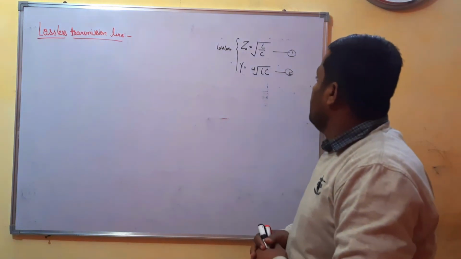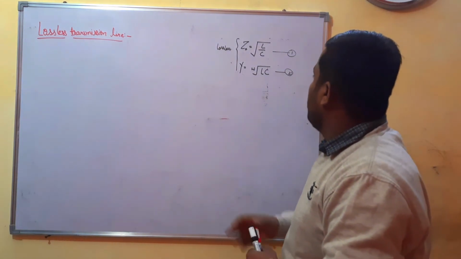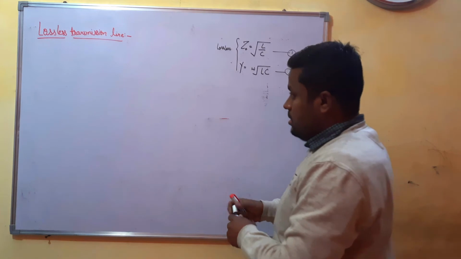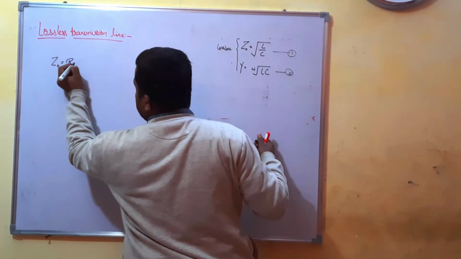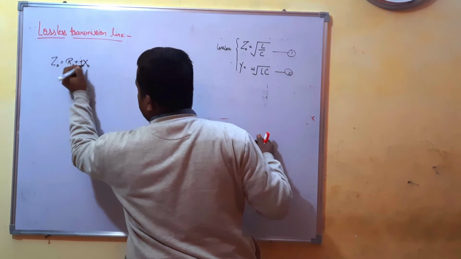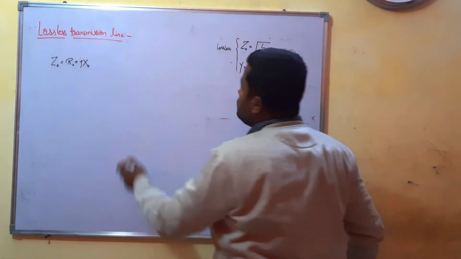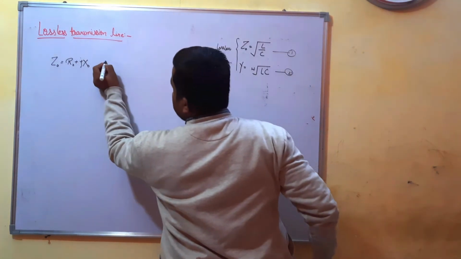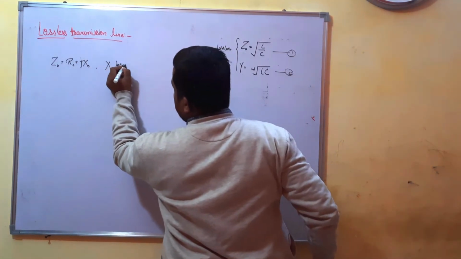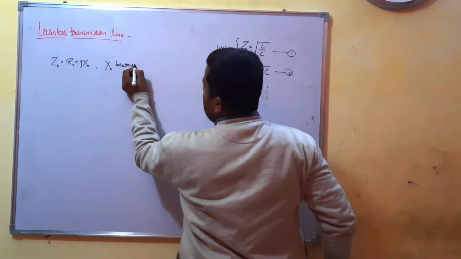Now, as we know, Z0 in general is R0 plus jX0. So here, since Z0 is a real number, X0 becomes 0.